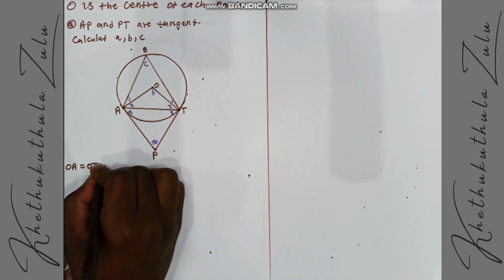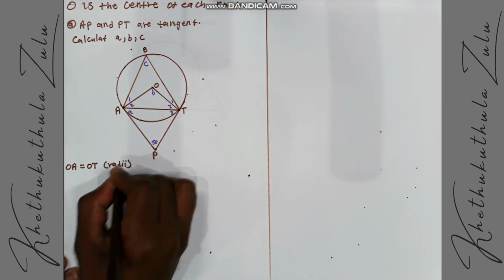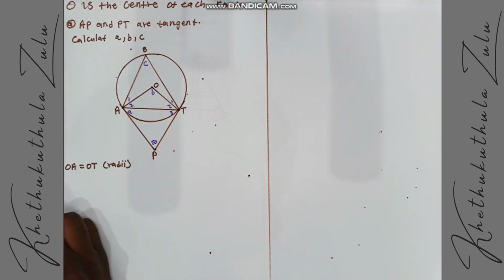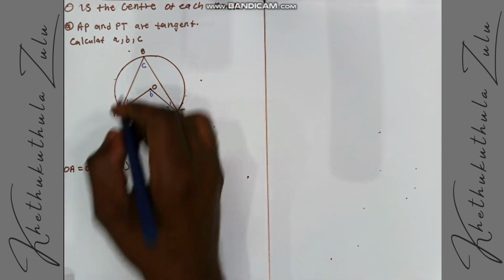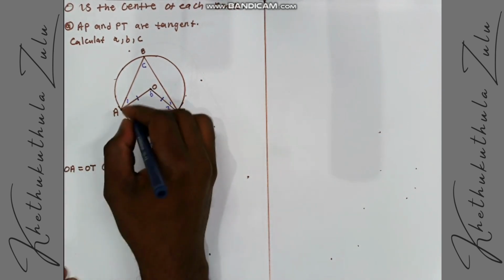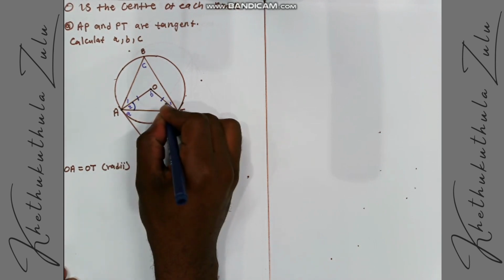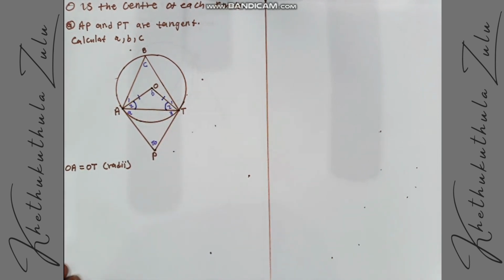What does it tell you? These are radii. And then if those are the two, then this is equal to this. What does it mean? It means this angle is equal to this one.